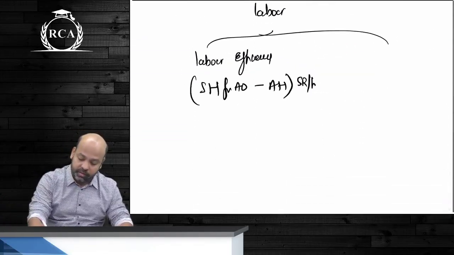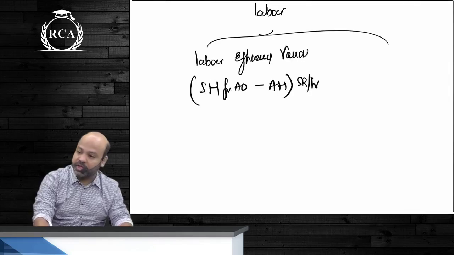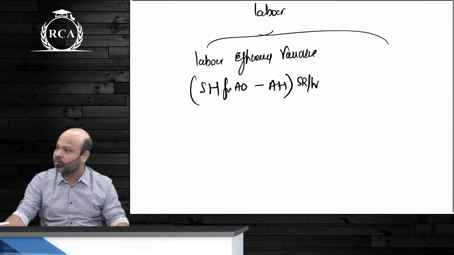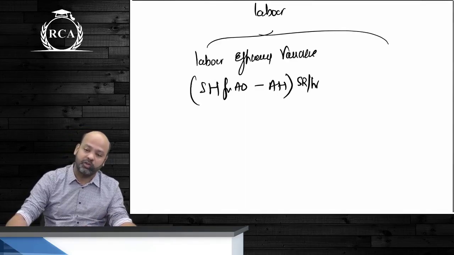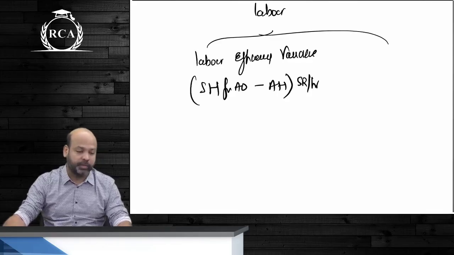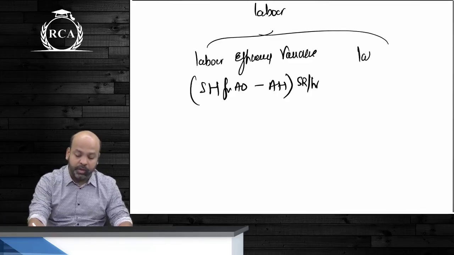Excellent. So the formula for labor efficiency variance is standard hours for actual output minus actual hours, multiplied by standard rate per hour. Exactly like standard quantity for actual output minus actual quantity multiplied by standard price. The formula for labor rate variance, Isha?